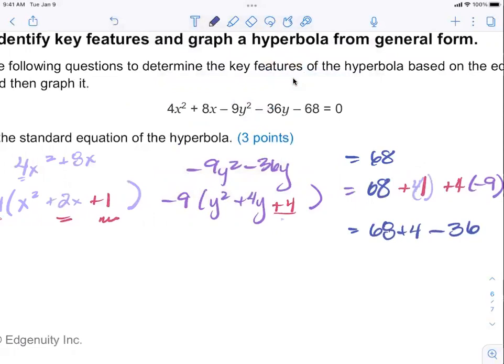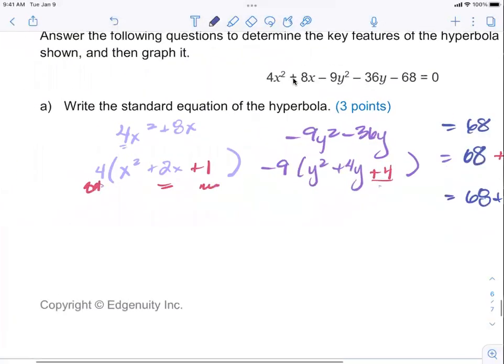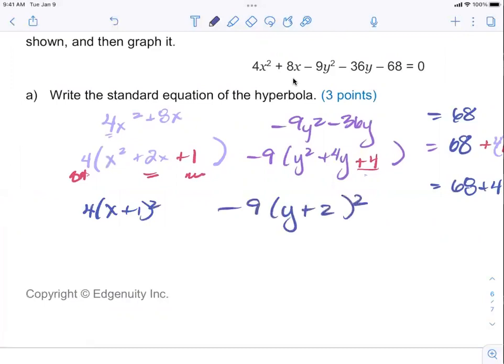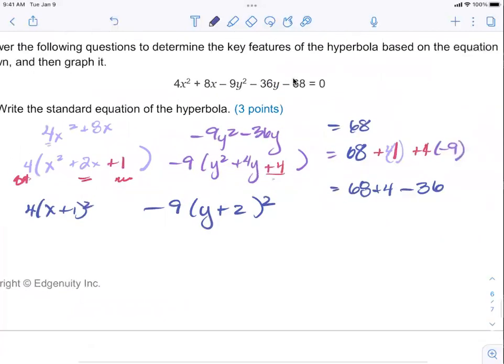And now these will factor nicely. So 4 times x plus 1 quantity squared minus 9 times y plus 2 quantity squared is equal to 72 minus 36 is equal to 36.